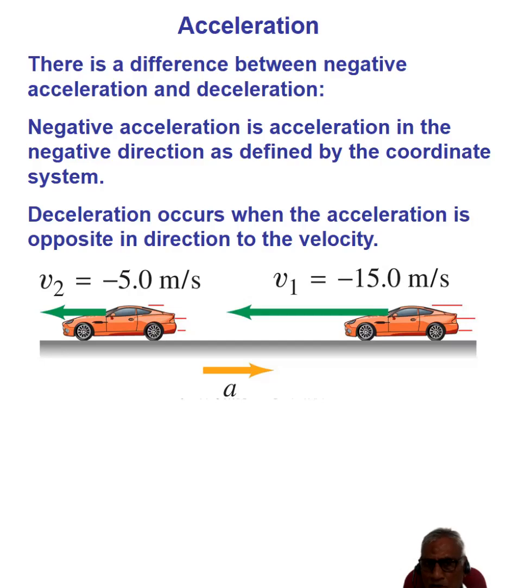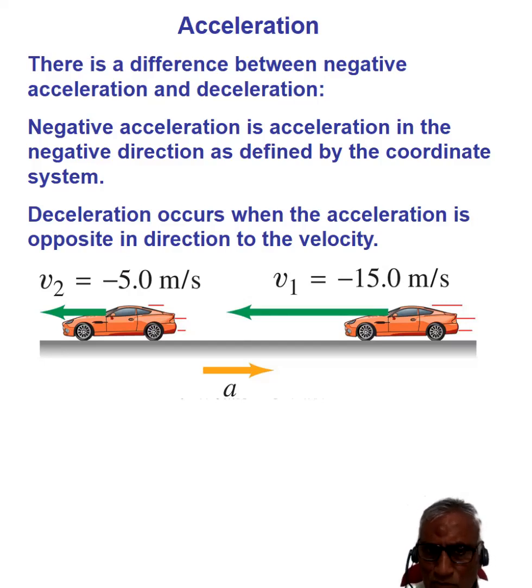Now, after some time, you will realize that the velocity will change. For example, if it is 5 meters per second, that means in another second it will become 0. Then further, it will reverse the direction.